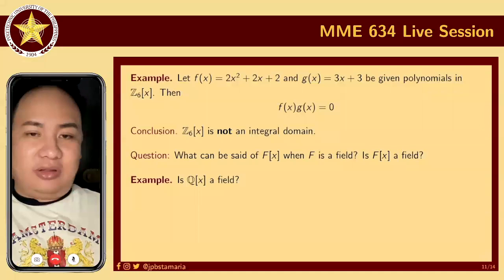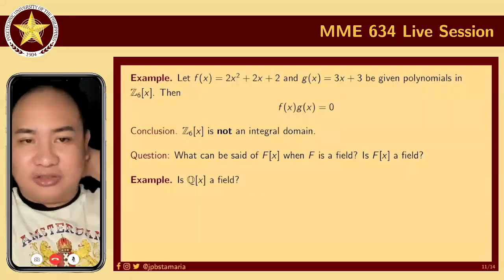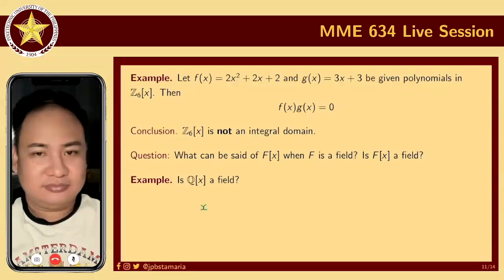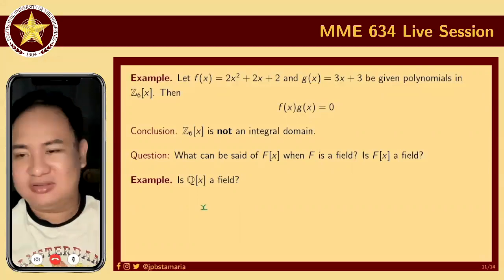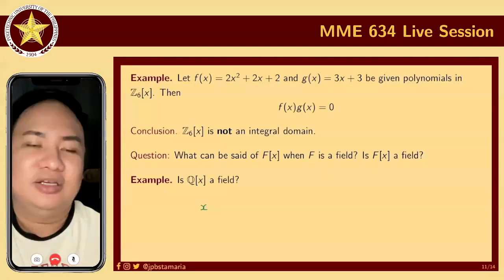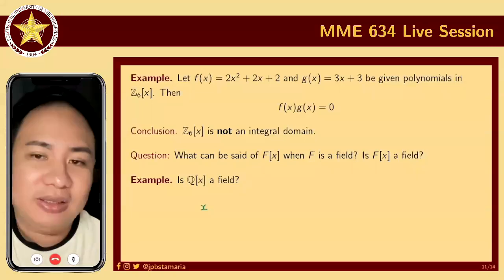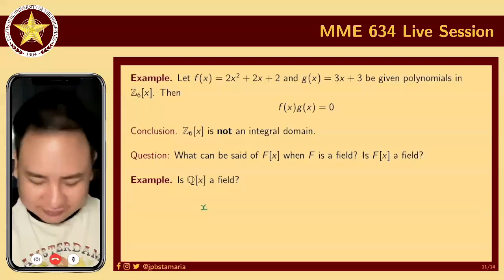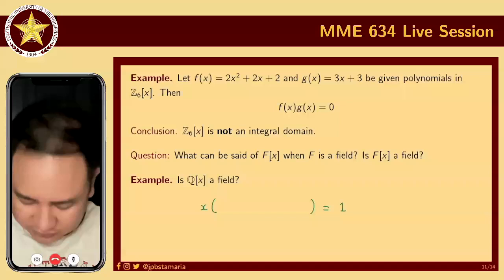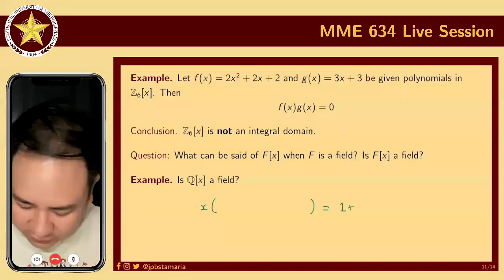Let's just look at the polynomial x. Is the polynomial x a unit? When you say unit, siya ba ay may multiplicative inverse na polynomial din? Can I find a polynomial over here so that the product is 1? I mean 1 the polynomial.